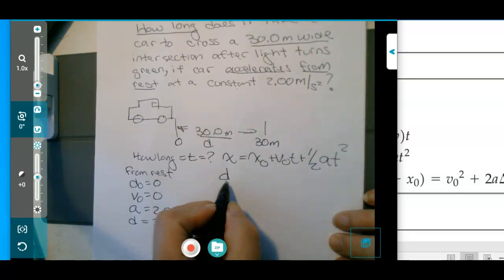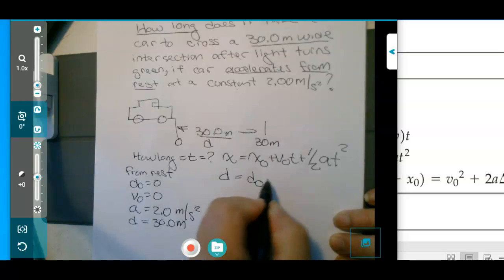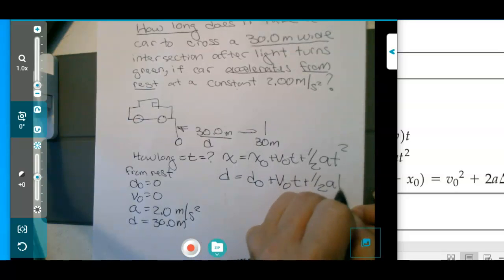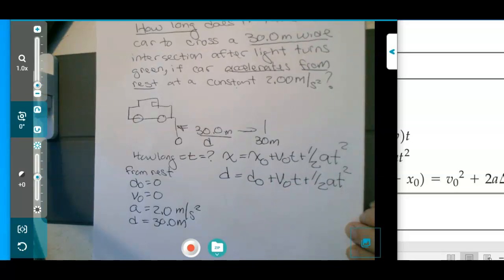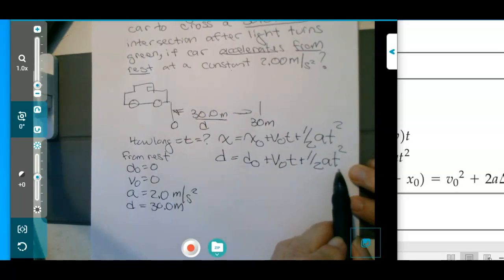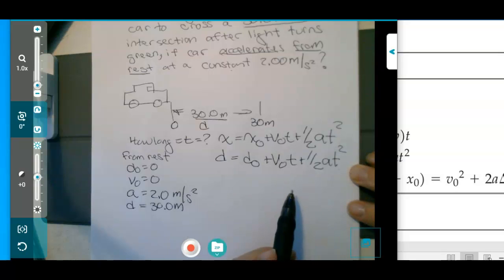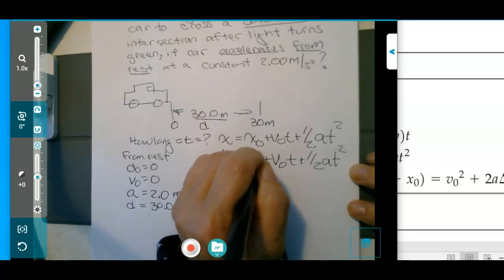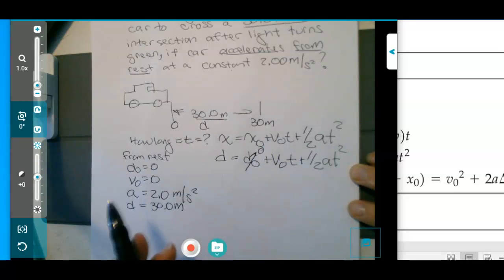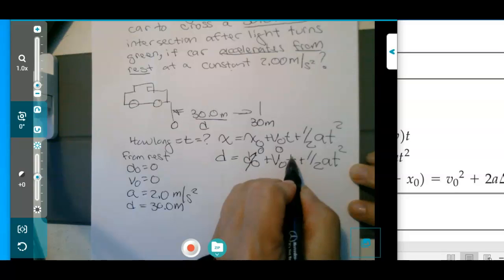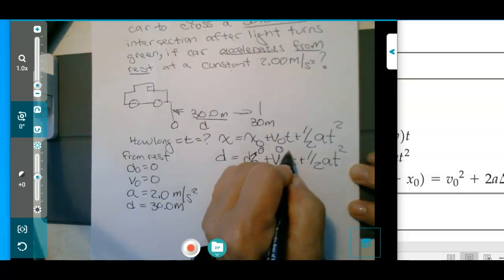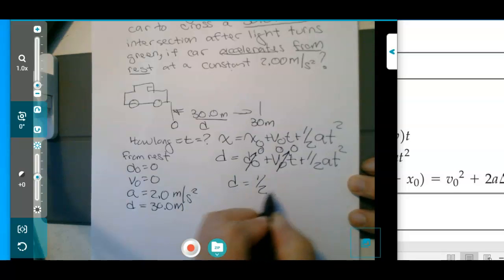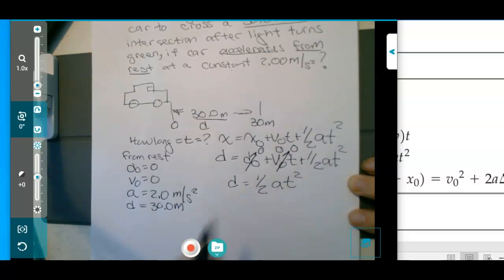Okay, so now I'm going to write them as d's, d0 plus v0t plus 1/2 at squared. So eventually I have to get to this t. I'm going to give you the long drawn out version. So first, d0 is 0, so we get rid of that. v0 is 0, so 0 times something is 0. So the equation becomes d equals 1/2 at squared.